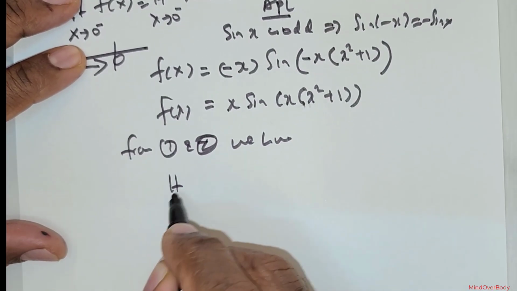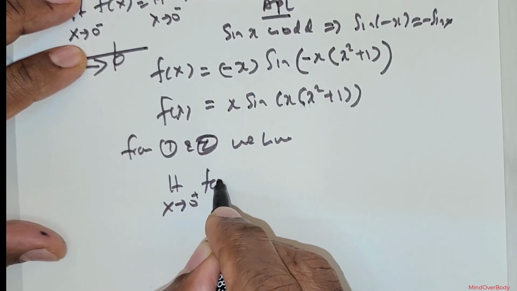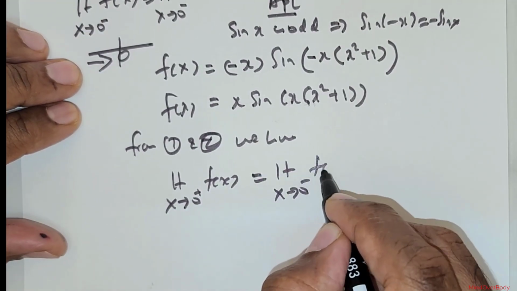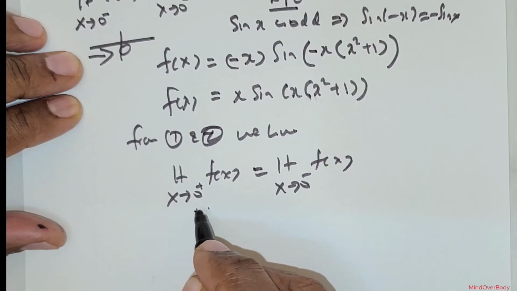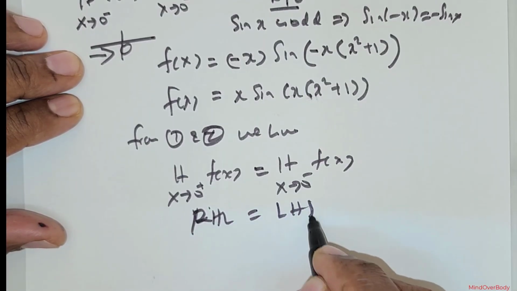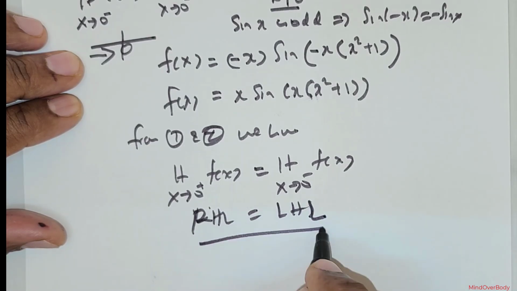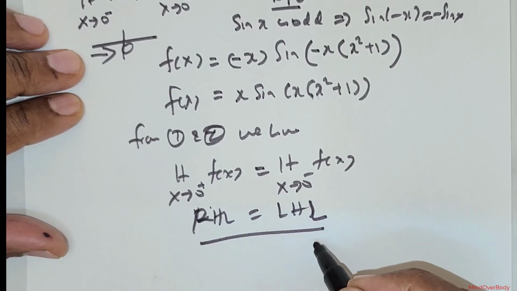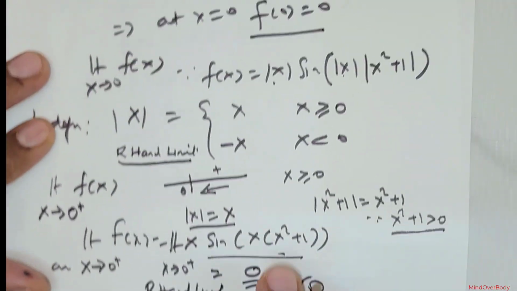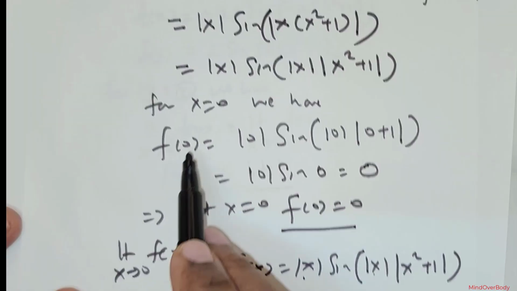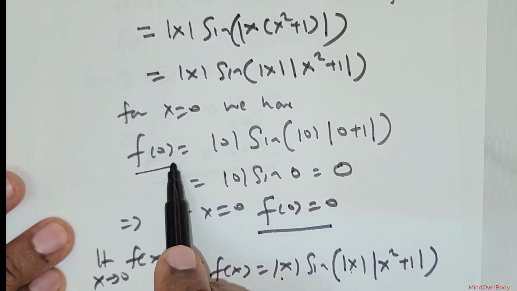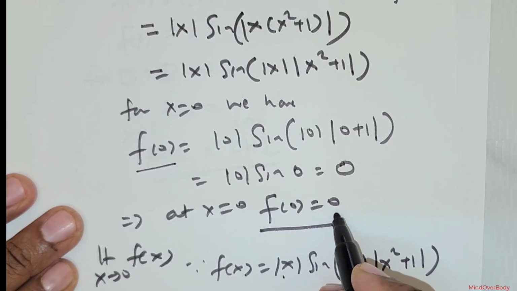we have limit x tending to 0 plus f of x equal to limit x tending to 0 minus f of x. So the right hand limit and the left hand limit are equal. They exist and they are equal. So this is condition 2. Now condition 1, if you remember, I took the functional value and I applied x equal to 0, and I got f of 0 is equal to 0.